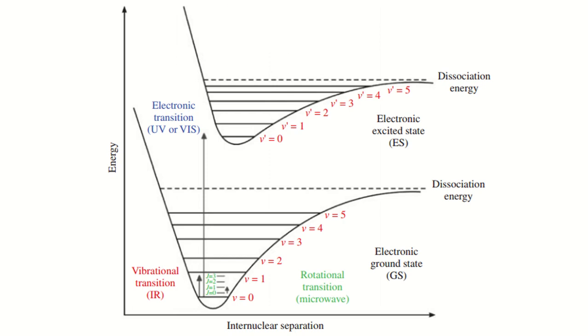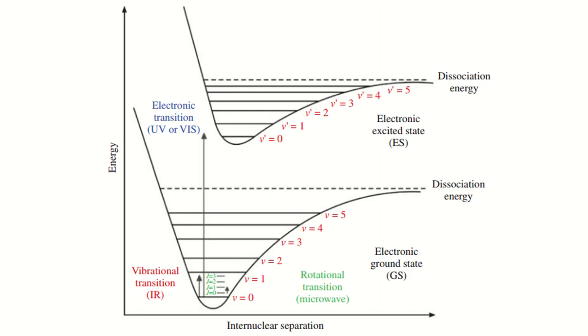Vibrational spectroscopy confines itself to that narrow region of the electromagnetic spectrum where the absorption of a photon has sufficient energy to cause the nuclei of the excited molecules to vibrate.